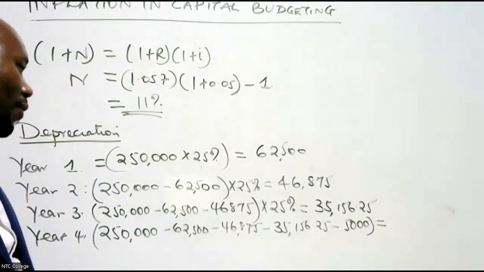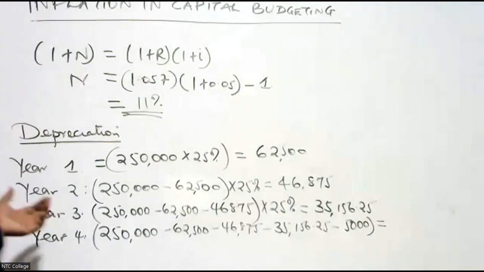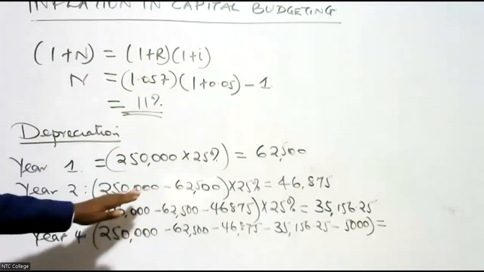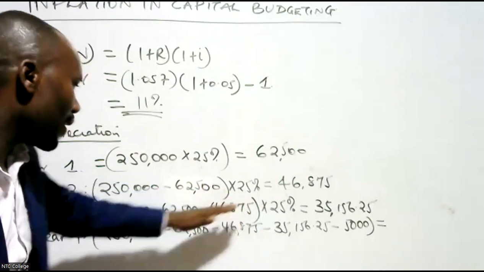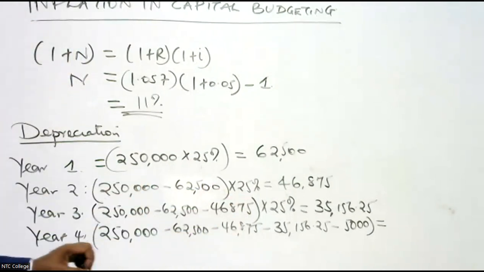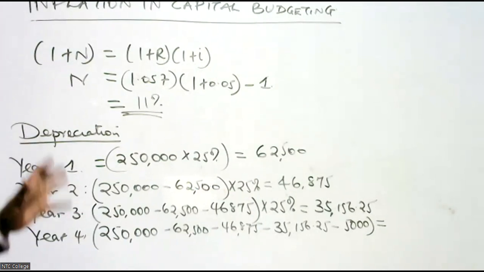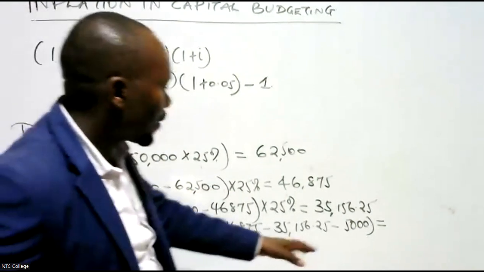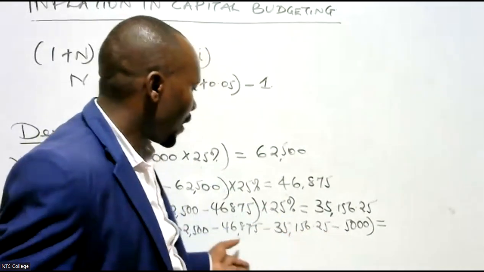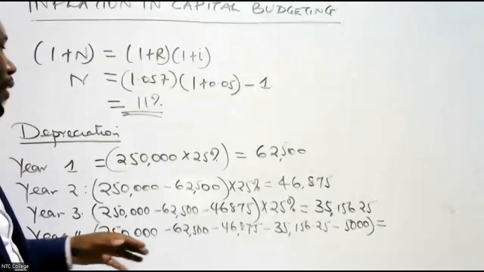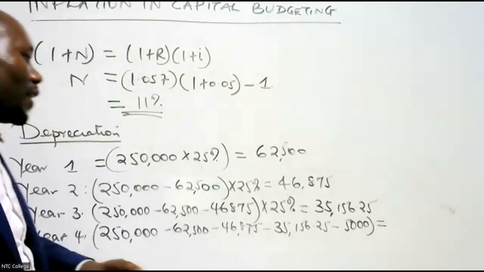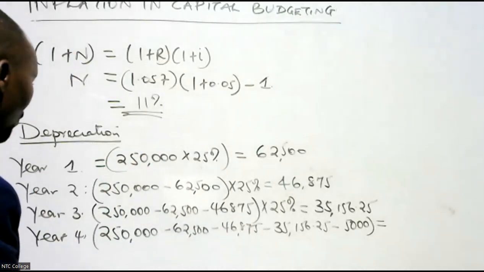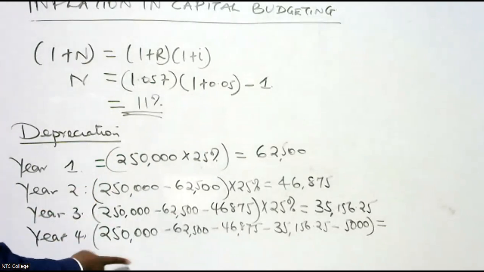Times 25%, no. For the last one I just put it in, you are not reducing again. Because the idea is, we are told to do it on reducing balance. So we did the first year, the balance remained, we charged the second year, then the third year. But we are told we need to do everything possible to make sure that at the end of the fourth year, the scrap value is 5,000. It means that in the fourth year, we ignore the 25%, and allocate the full figure that remains as depreciation. The original one was 250.